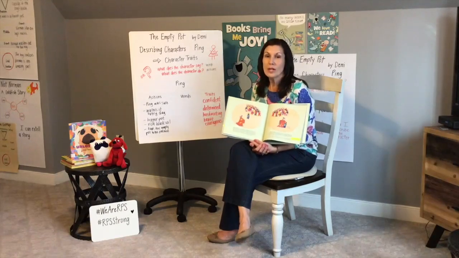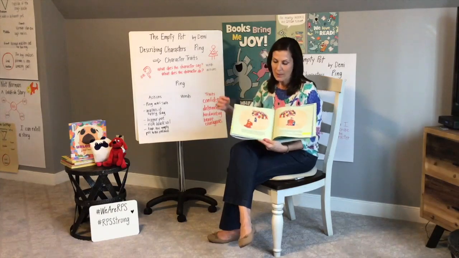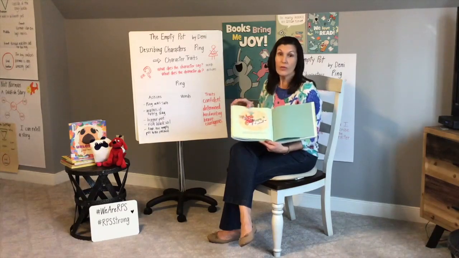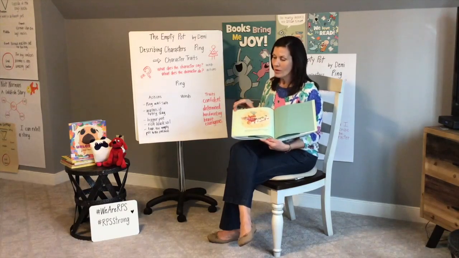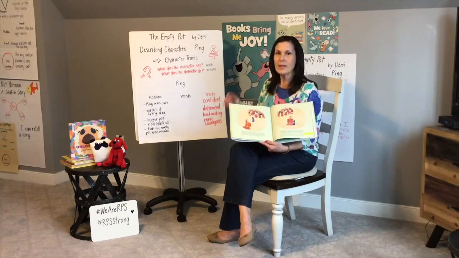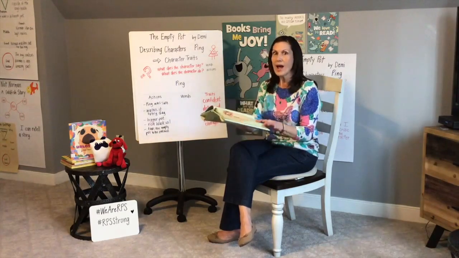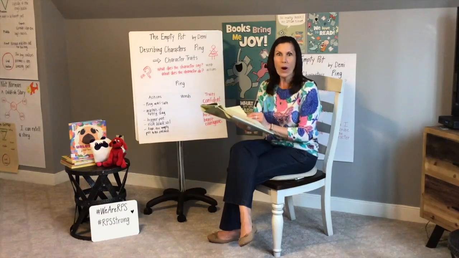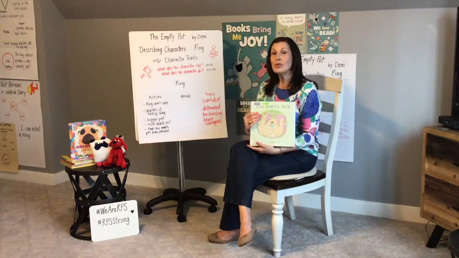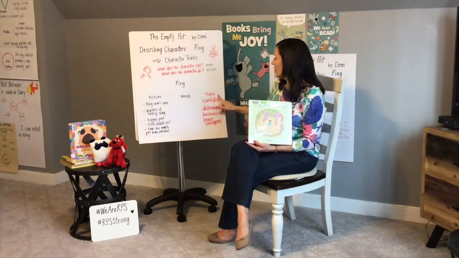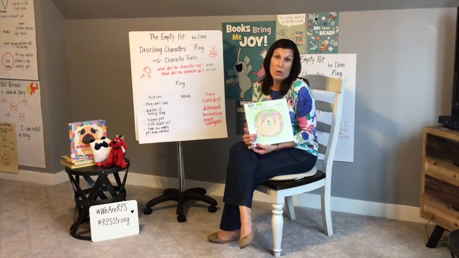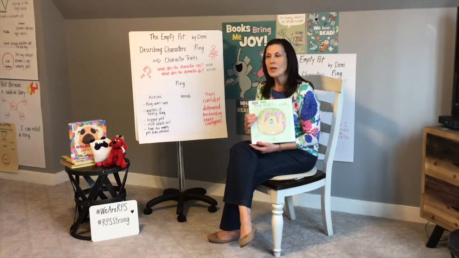So that's what your reading response is going to be for today. You're going to look at the last 3 pages in the book, and of course you can reread the whole book. But for your reading response, you're really going to focus on what it is that Ping says when the emperor asks him that question, "Why did you bring an empty pot?" And I want you to come up with another trait word that describes Ping based on what he says, or maybe more than one trait word.